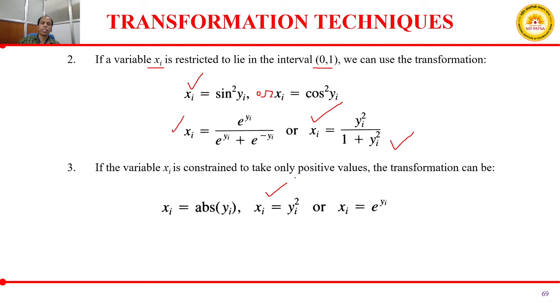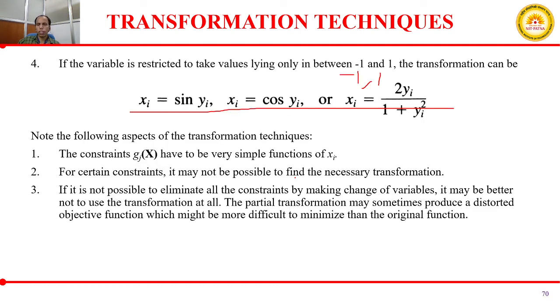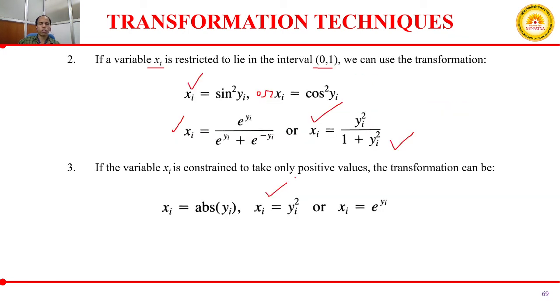Okay, in that case, that condition is not mentioned. Let me think what it can be. What could be the answer? If suppose xi is constrained to be negative, what may be the transformation? This cannot be absolute.